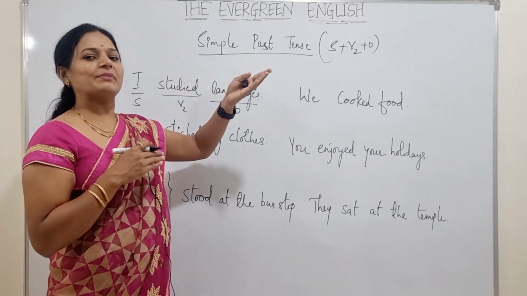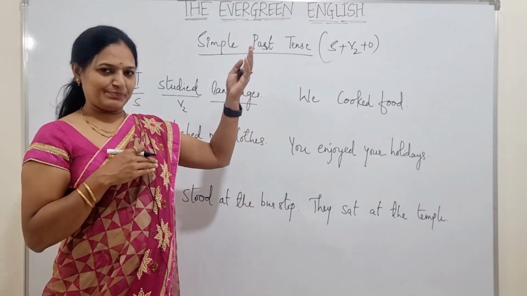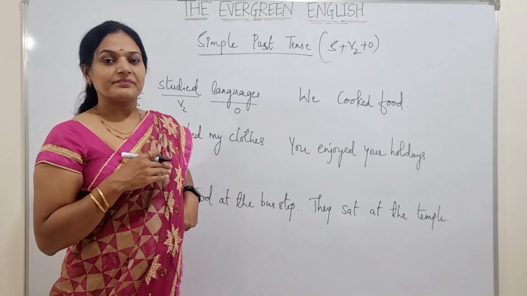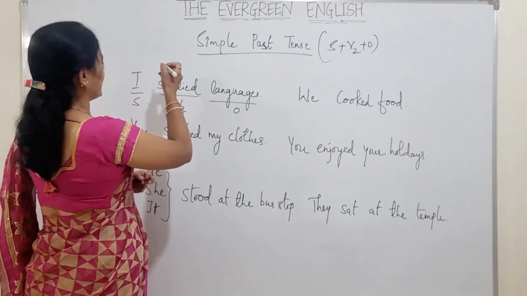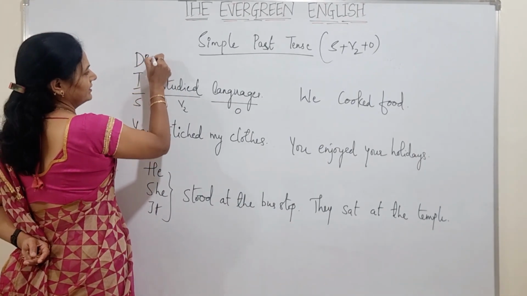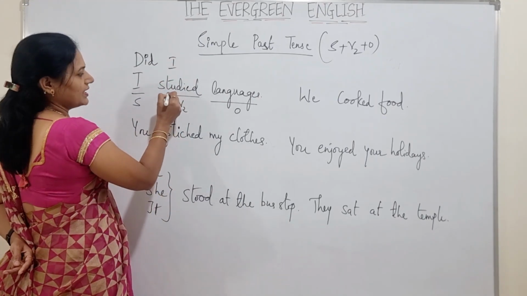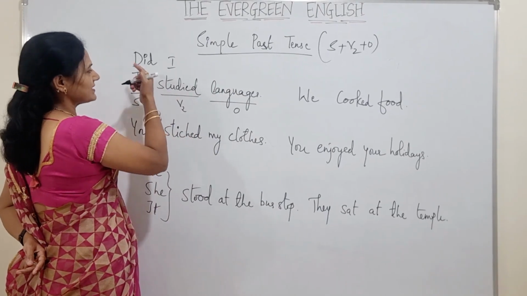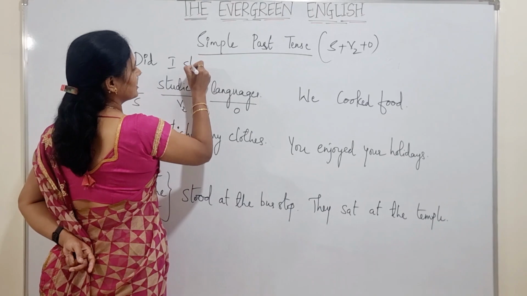In the simple present tense I used do and does, and the past form of do and does is did. So for past tense I'll use did here. Interrogative: Did I. In one sentence we don't use the past verb as well as did. So did I study?